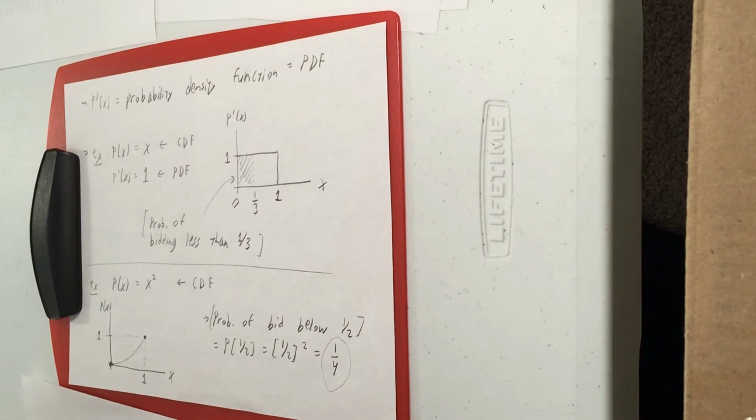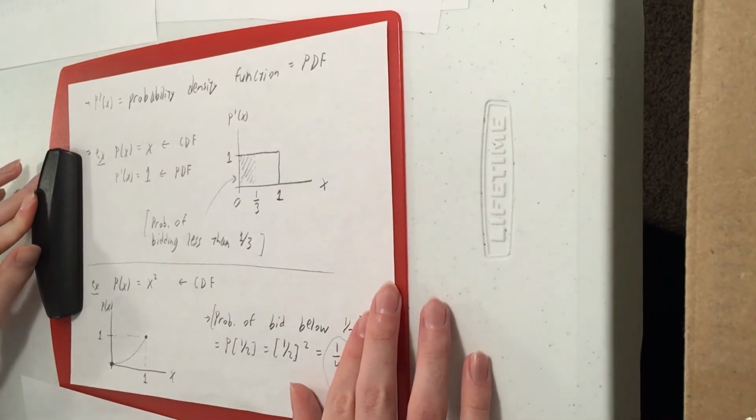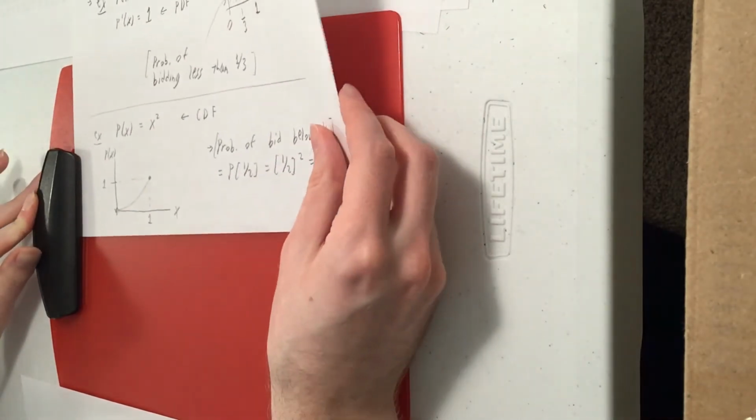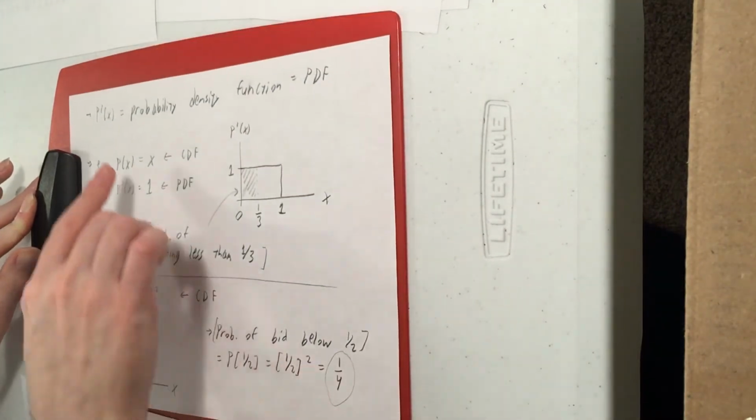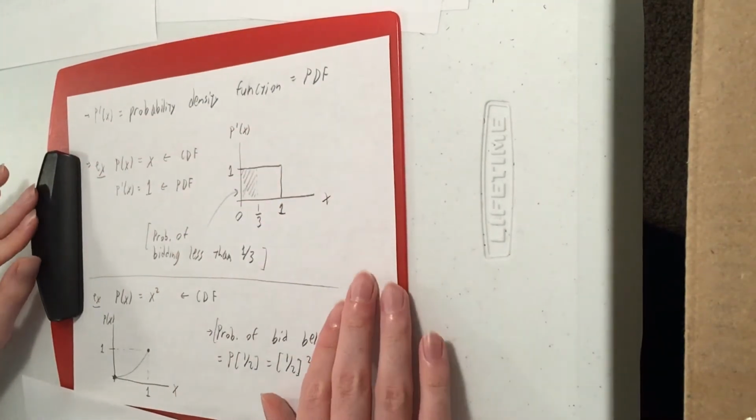So now I get the same result again using the PDF instead of the CDF. So we said the PDF is a derivative of the CDF.